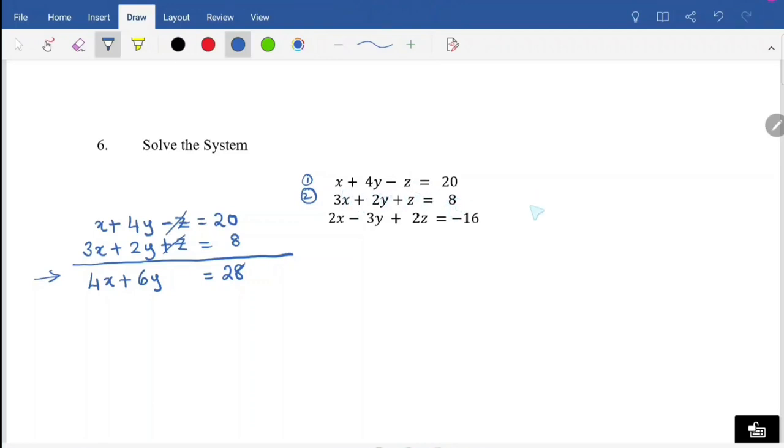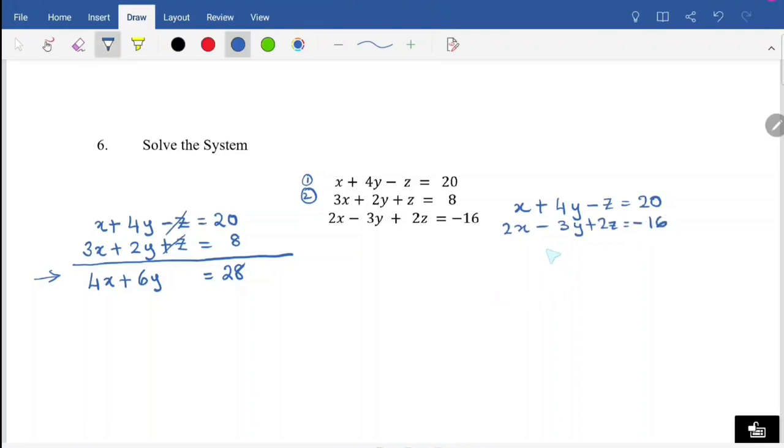So let me work this on the other side. We have x plus 4y minus z equals 20. And then the third one here, which is 2x minus 3y plus 2z equals negative 16.